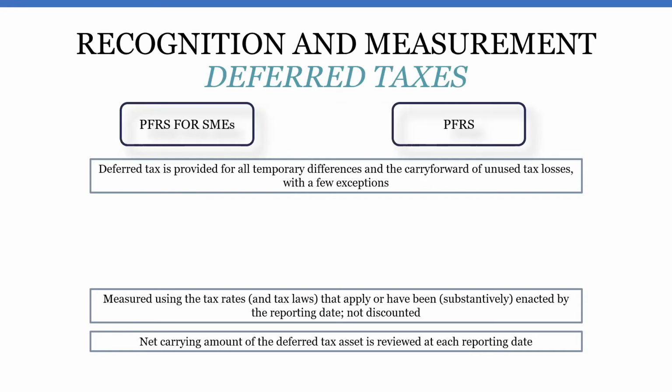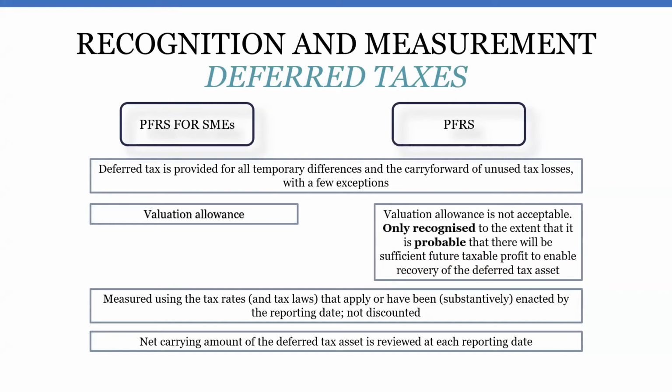So, for PFRS for SMEs, meron tayong valuation allowance. So, yung valuation allowance is recognized so that the net carrying amount of the deferred tax asset equals the highest amount that is more likely not to be recovered. The valuation allowance is adjusted to reflect the current assessment of future taxable profits.